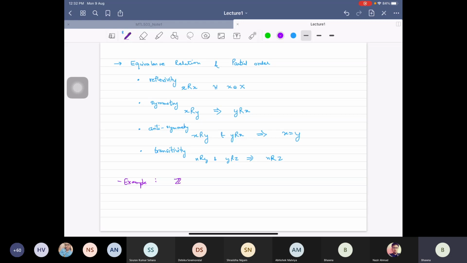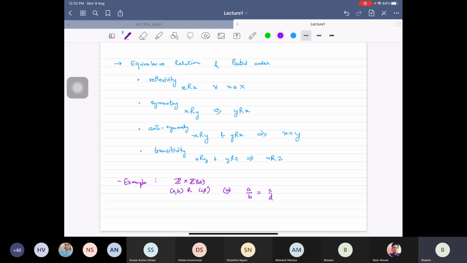So I can say if I take this set as Z cross Z minus 0, and I define a relation on this set that a tuple (A, B) is related to (C, D) if and only if A by B is equal to C by D, then this is also an equivalence relation.